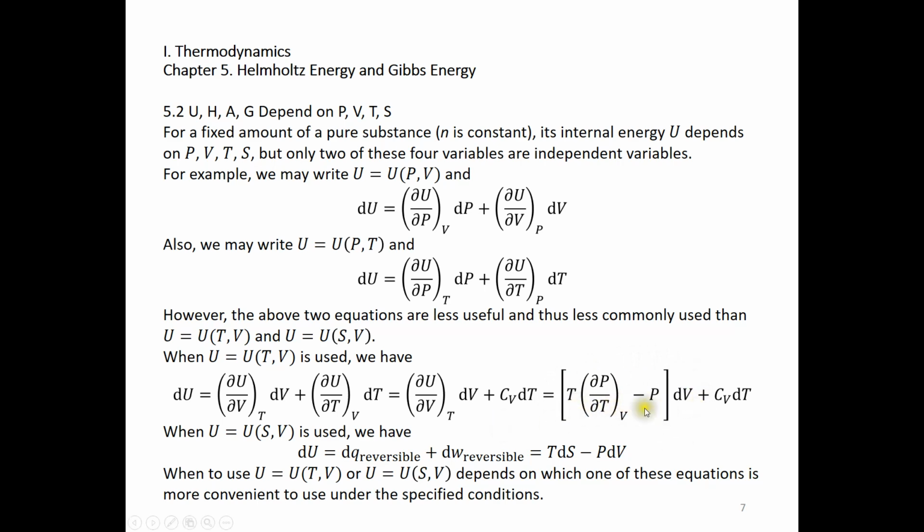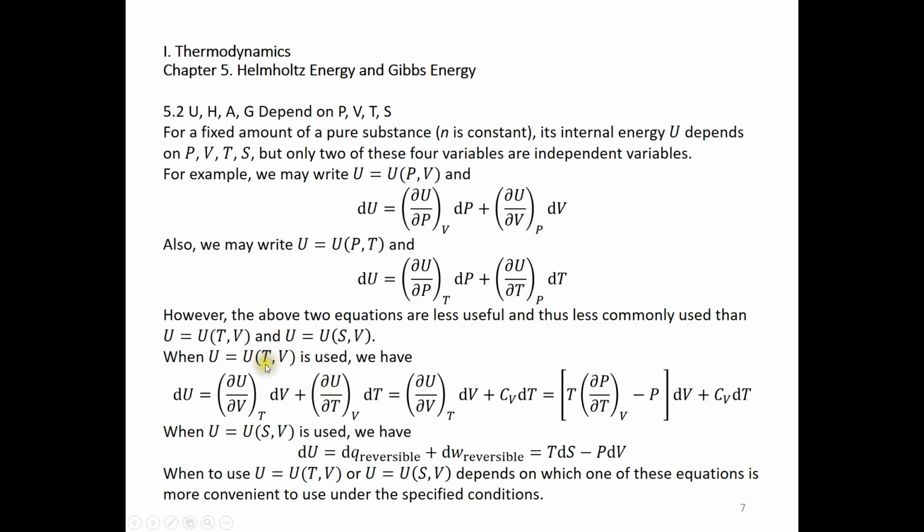That's why it's convenient. What about delta U over delta T on a constant volume condition? On a constant volume condition, work is 0, so delta U is just delta Q. Delta Q over delta T is just C, so that's why we have C sub V here.